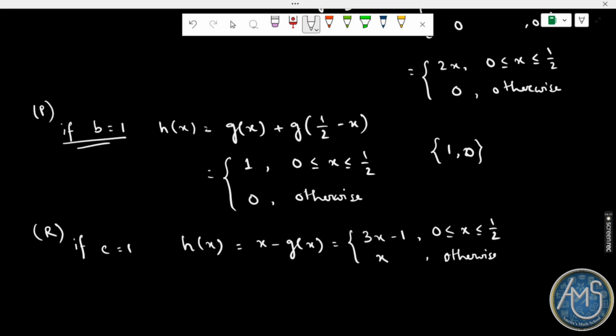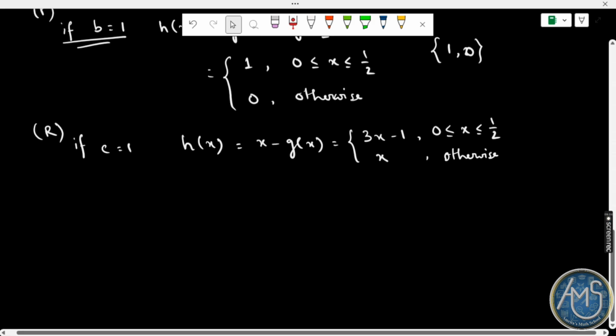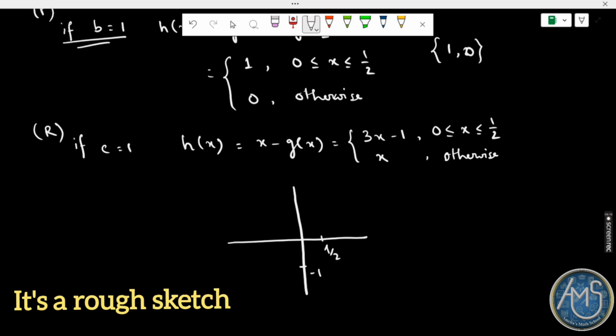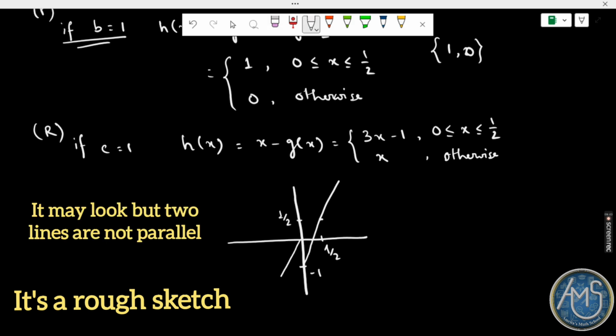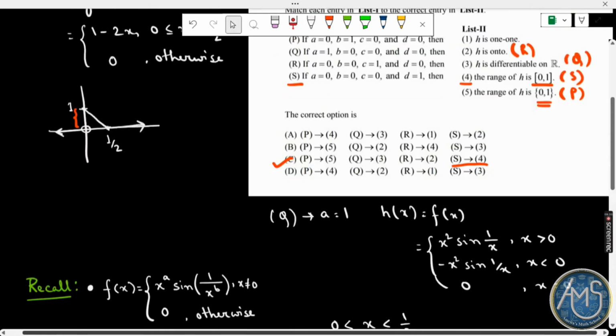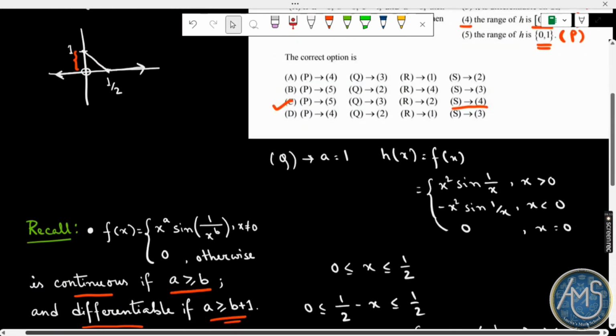So if we draw the picture, for 0, it is minus 1. So let's say here we have half, then it will pass like this. And otherwise, from here, it is like so.